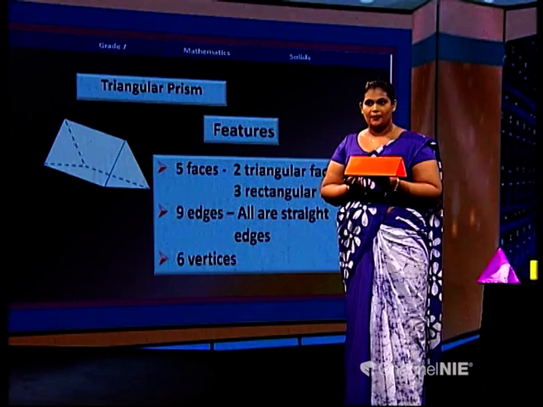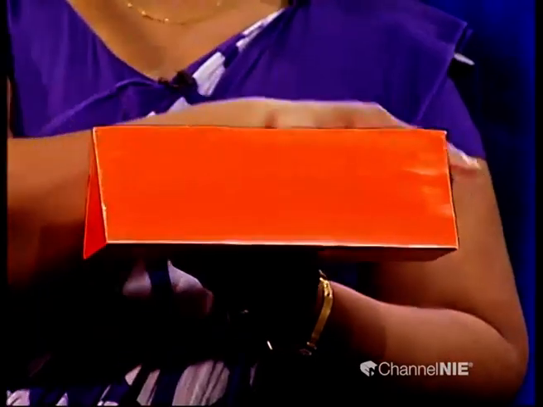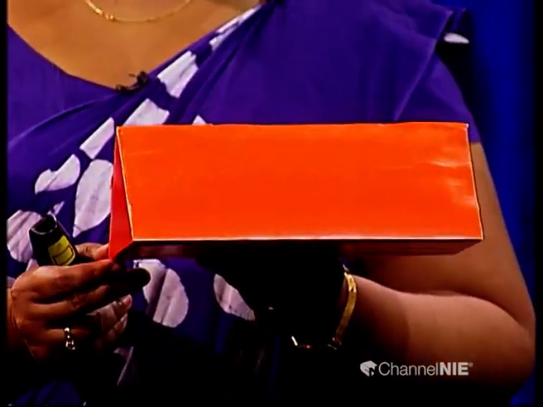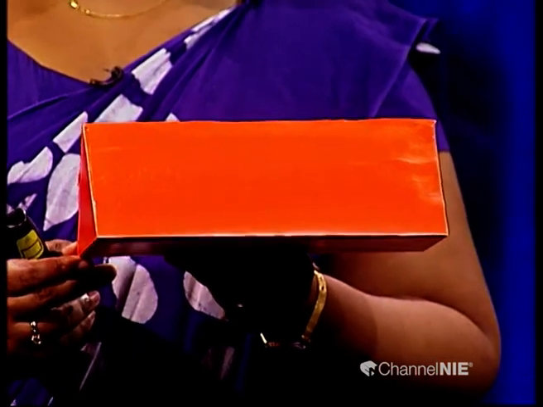Right. Let us count the number of faces. We have 1, 2, 3, 4, 5 faces, and as we have discussed before, 3 of the faces are rectangular in shape and 2 of the faces are triangular in shape. Right.